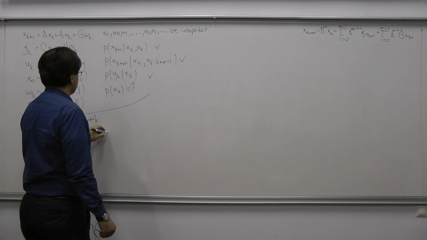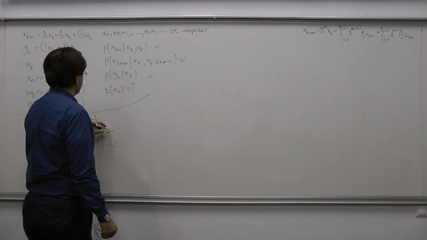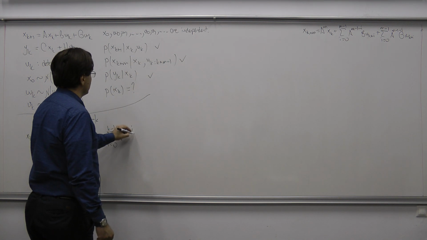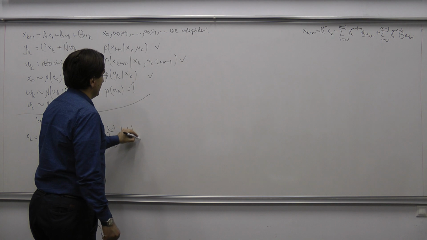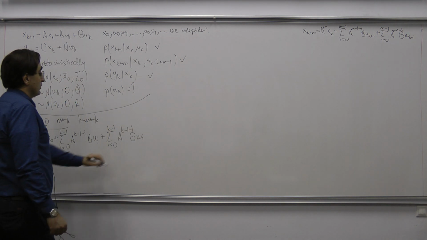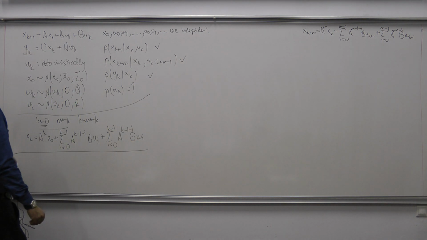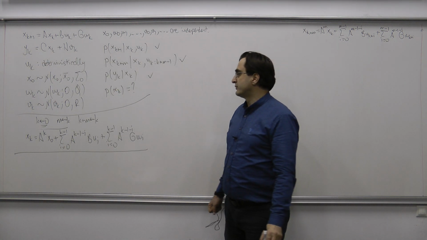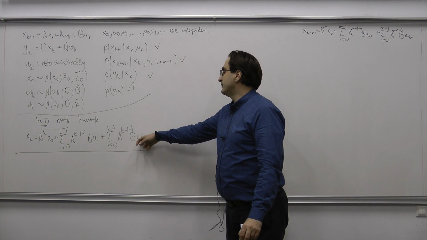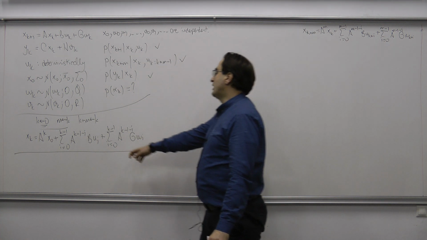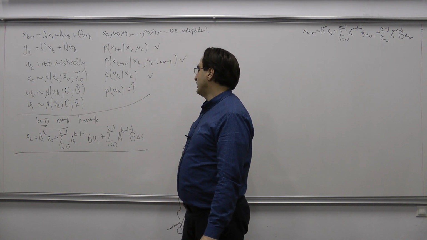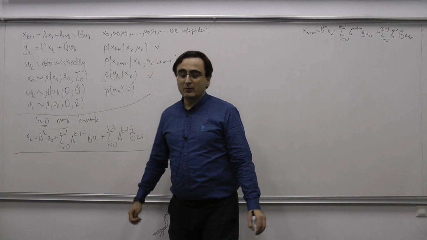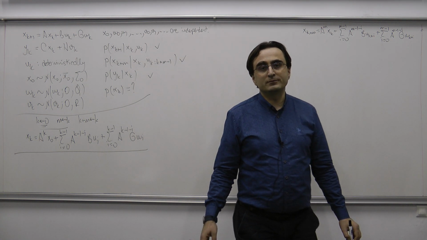And I have plus the sum over i from 0 to k-1 of A to the k-1-i G w_i. So this is our expression for x_k in terms of the basic random variables, x0 and the w's. And u_i's are deterministic. As a result, the only randomness here comes from x0 and w from 0 to k-1.